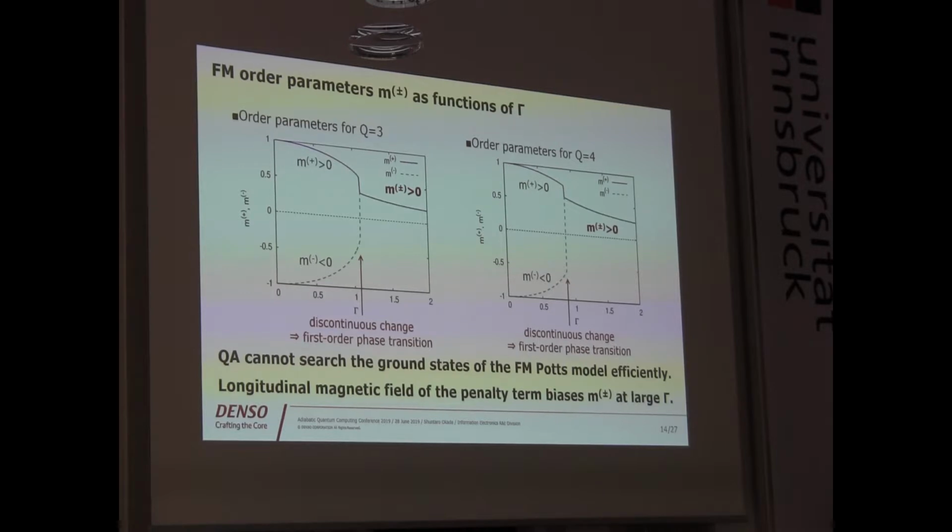These results imply quantum annealing cannot search the ground states of the ferromagnetic Potts model efficiently. The first-order phase transition is caused by the positively biased n± at a large gamma, which originates from the longitudinal magnetic field of the penalty term.